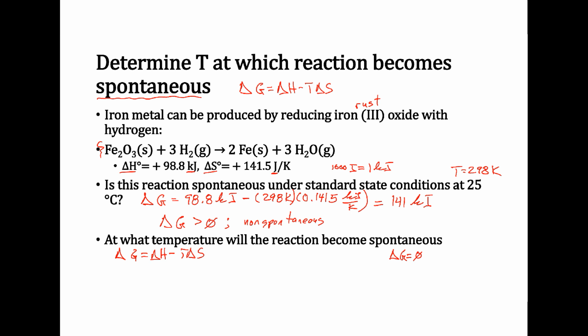So in order to solve for the temperature, what we can do is rearrange this equation to get T is equal to delta H minus delta G divided by delta S. So we can plug in our enthalpy, which is 98.8 kilojoules, minus delta G, which is 0 kilojoules, over delta S, which is 0.1415 kilojoules per Kelvin.